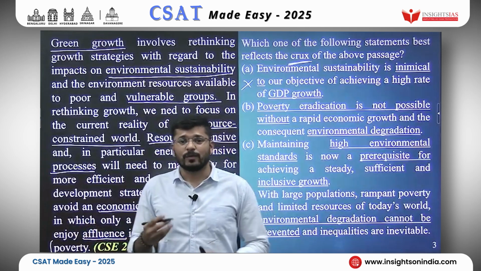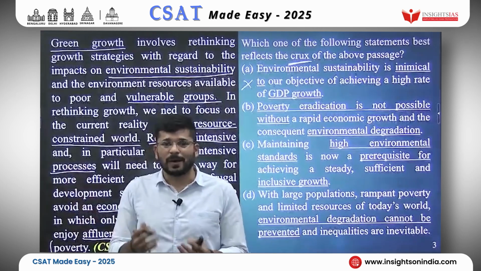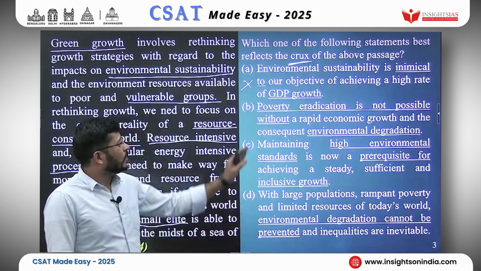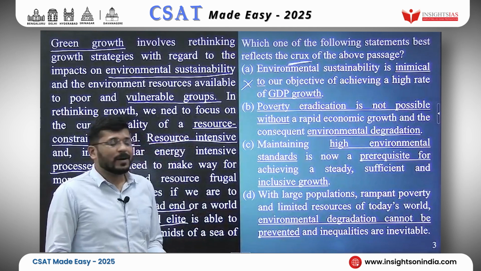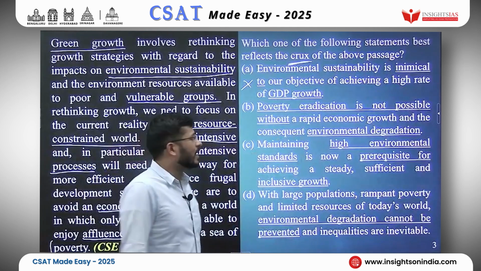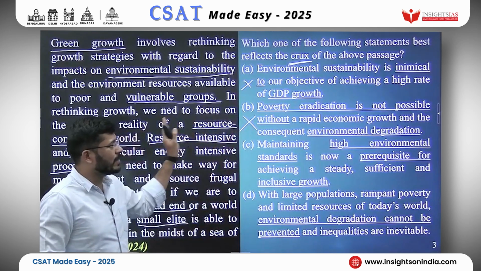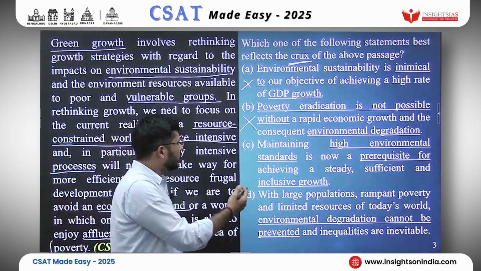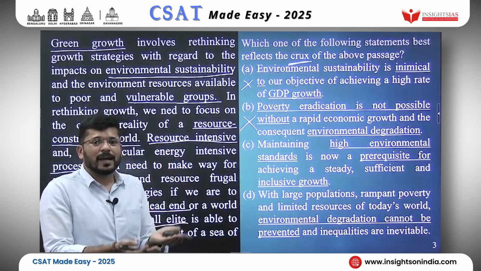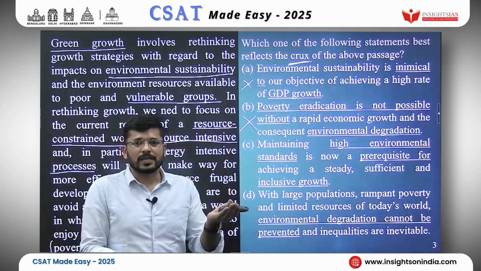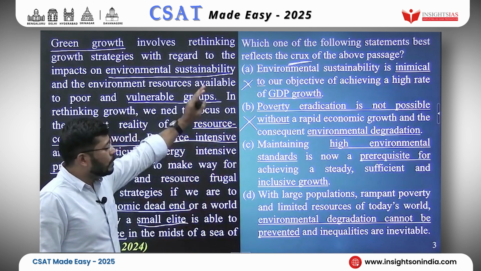For the sake of some people being in poverty, let's conserve environment and resources. But this option is telling us that if we are to eradicate poverty, we have to make adjustment with environmental degradation. So we will eliminate option B also, because it is not agreeing with the tone of the passage. The tone of the passage is talking about maintaining both environmental sustainability and resource conservation along with maintaining inclusive growth. Okay, we eliminated two options.